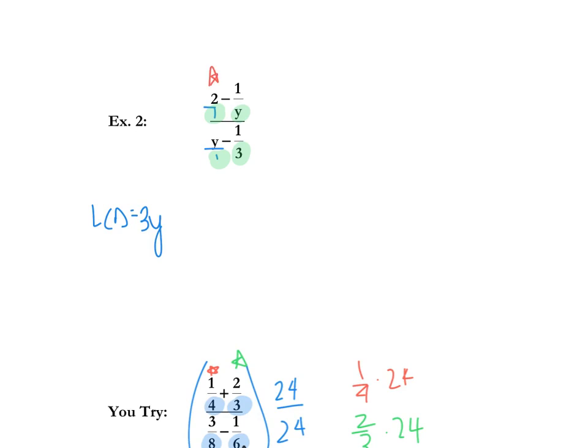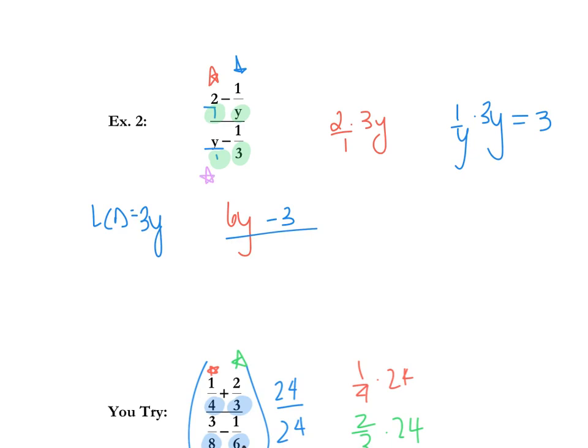So the first one is 2 times 3y, which is just 6y. The second one is 1 over y times 3y, which is going to give me 3, so minus 3, divided by y times 3y, which is 3y squared. And then finally, 1/3 times 3y, which is just y.